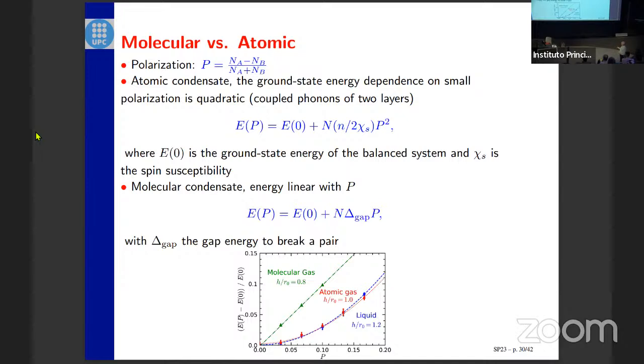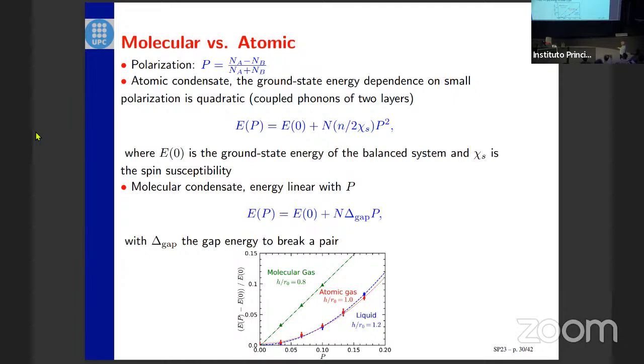The difference is that when you have an atomic system, the energy as a function of this polarization grows quadratically with the polarization, and here appears the spin susceptibility.